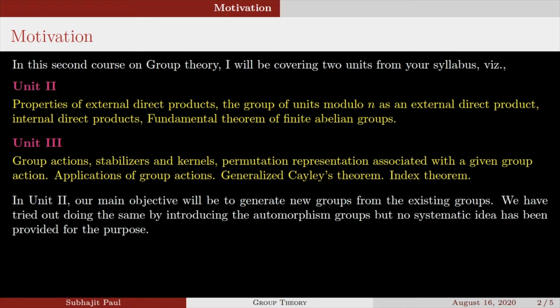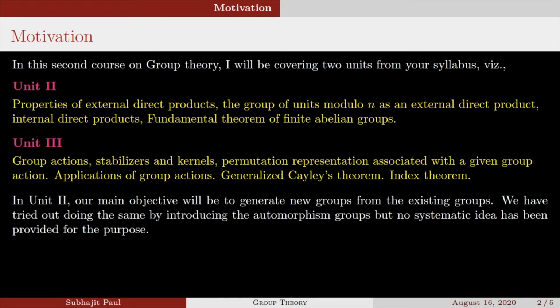So then the study of them will be more easy and elaborate. Okay, so that is why we want to generate new groups from the existing ones. So automorphism actually does the same.